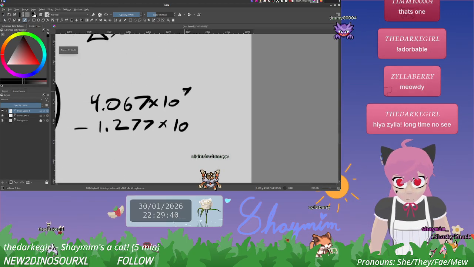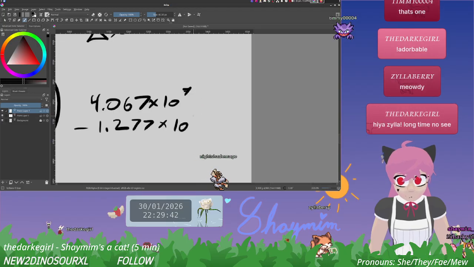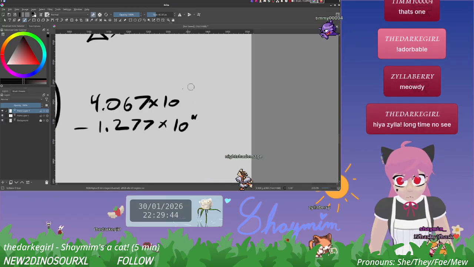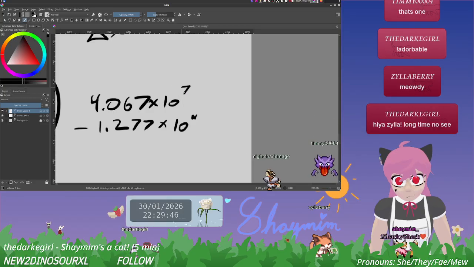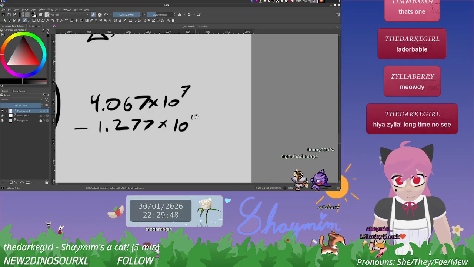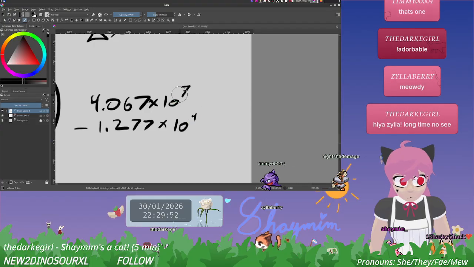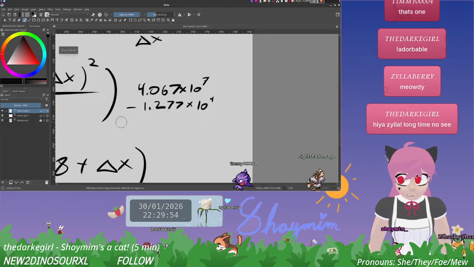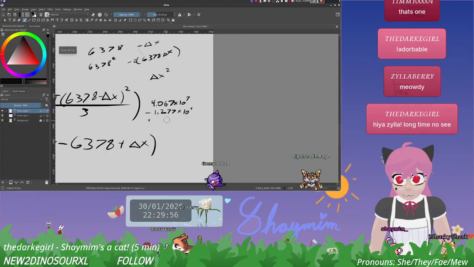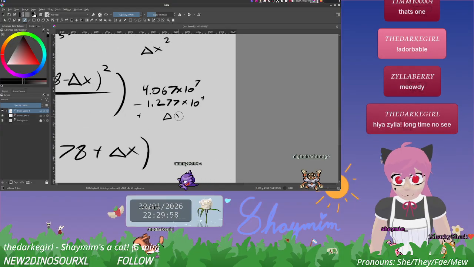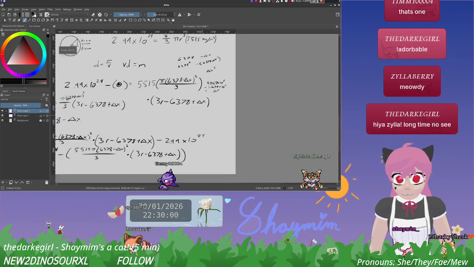And we'll add a little thing there so we know that's 10 to the 7. In fact, let me just write these numbers better. They're getting a bit small. And then plus delta x squared. Okay.